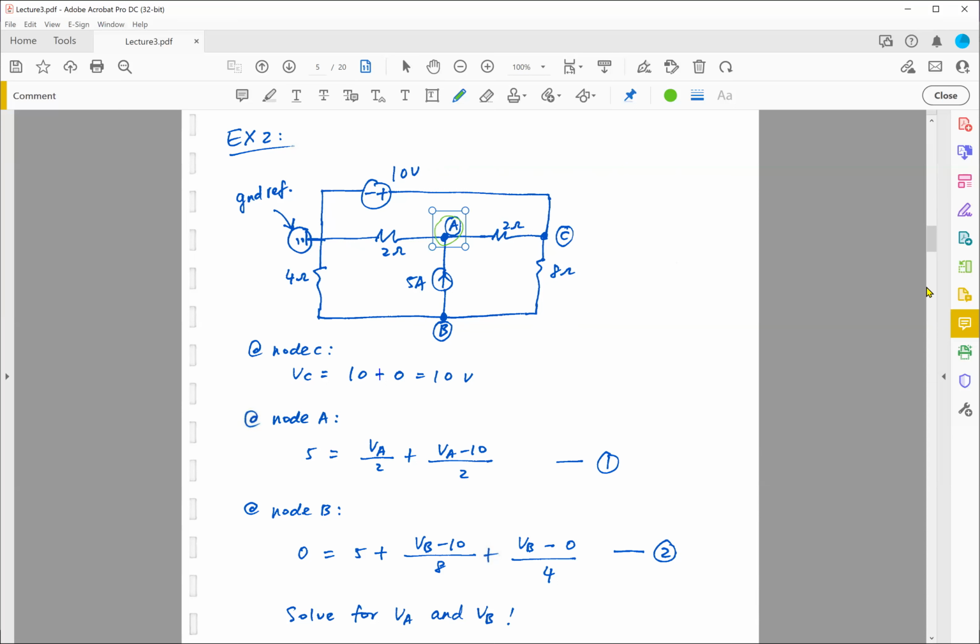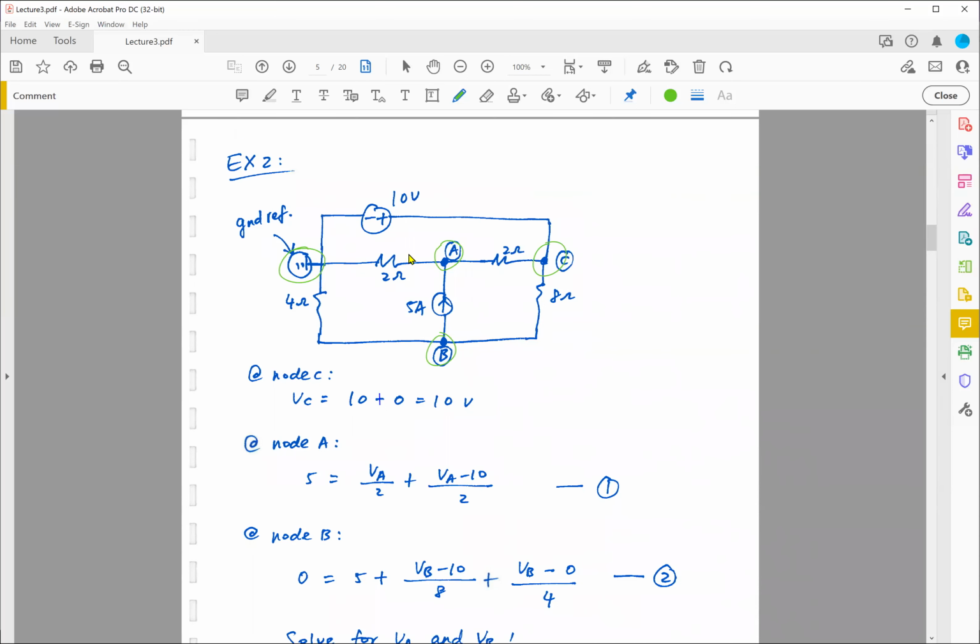So I have 1, 2, and 3, and this guy here is connected to my ground reference. So this, strictly speaking, is not considered an unknown node voltage, because by inserting the ground reference over here, we assume this node is equal to 0. Ground reference, 0 volts.